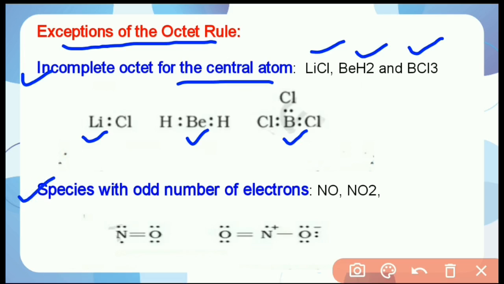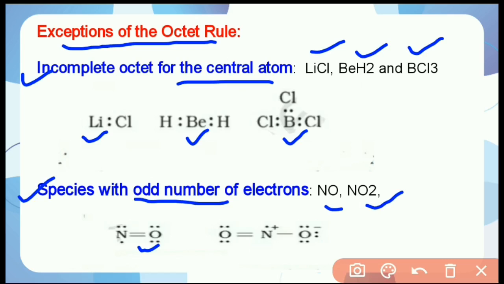Second exception, species with an odd number of electrons, for example nitric oxide and nitrogen dioxide. Here, when nitrogen and oxygen are chemically bonded, nitrogen has an odd electron, so nitrogen completes the octet of oxygen by donating a lone pair of electrons to the oxygen atom.